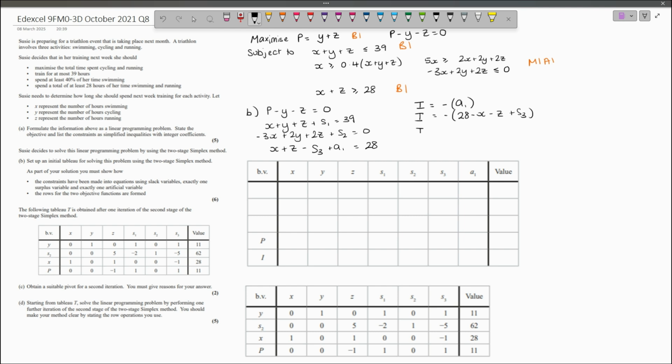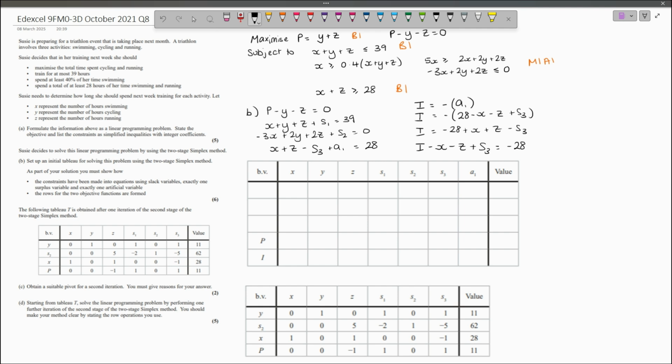So I can now say that I is equal to negative 28 plus x plus z subtract S3. And I've finally got to rearrange this equation to get all the variables on one side and just the constant on the other side. So I'm going to get I subtract x subtract z plus S3 is equal to negative 28.